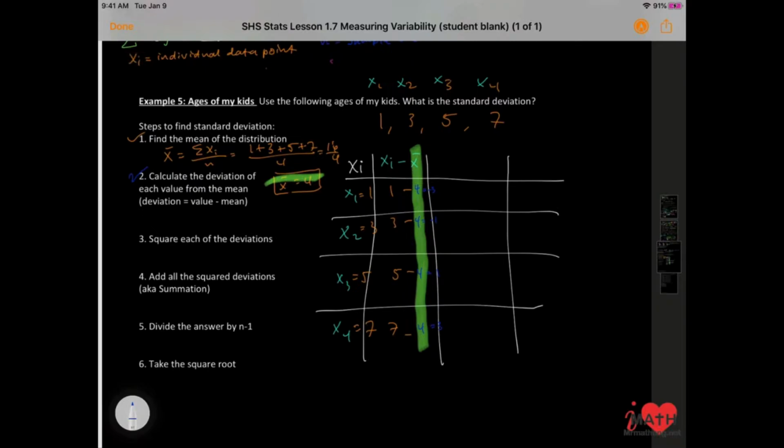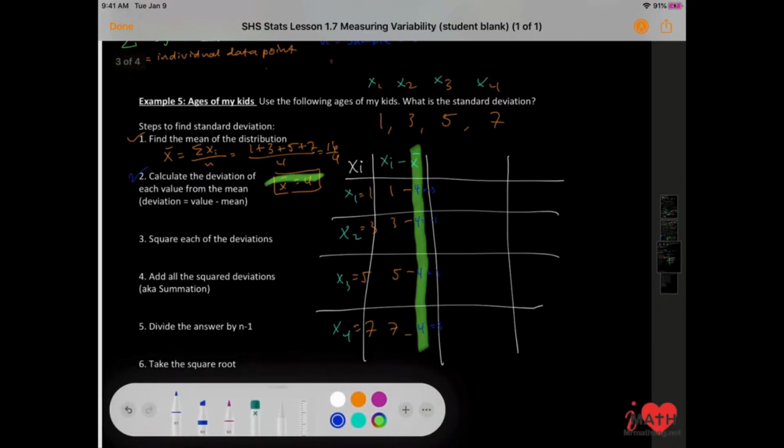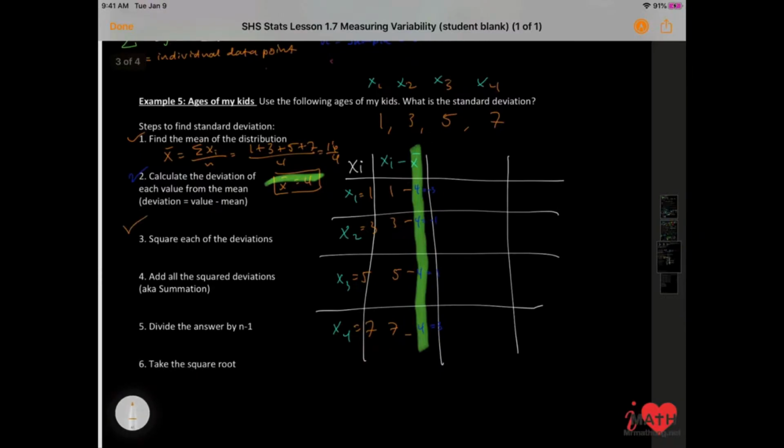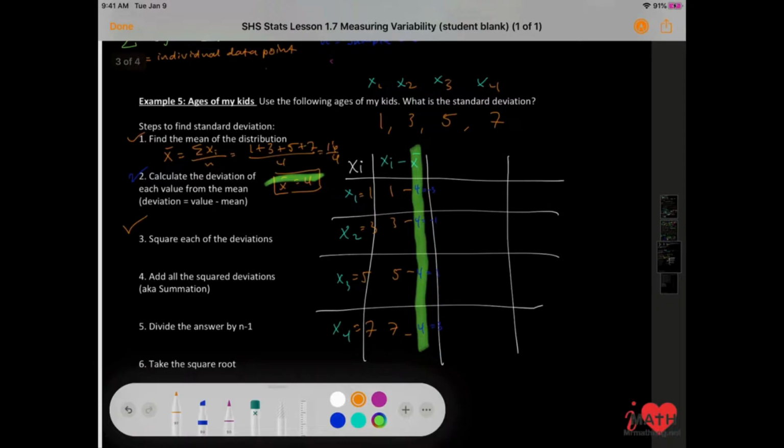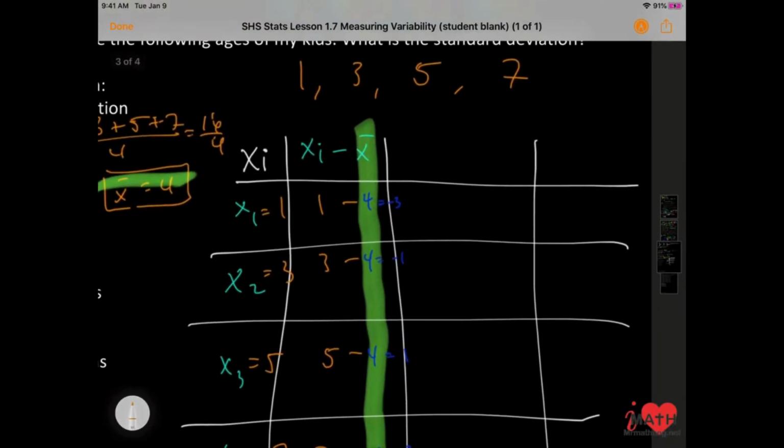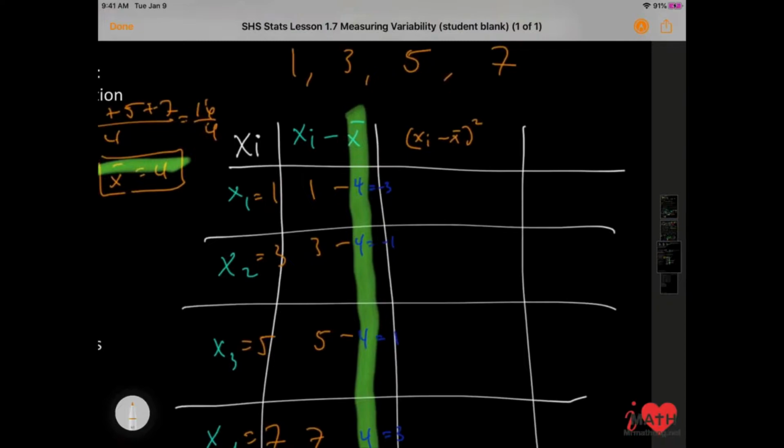Now square each of the values. I'm going to write out the formula, and you're basically just taking these values we just subtracted and squaring them.